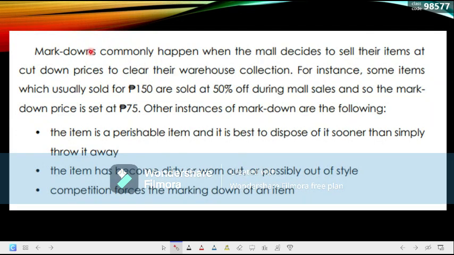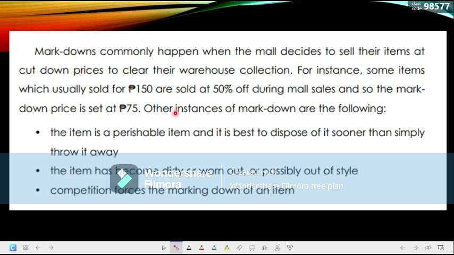Markdowns commonly happen when the mall decides to sell their items at cut down prices to clear the warehouse collection. For instance, some items which usually sold for 150 pesos are sold at 50% discount during mall sales, and so the markdown price is set at 75 pesos.